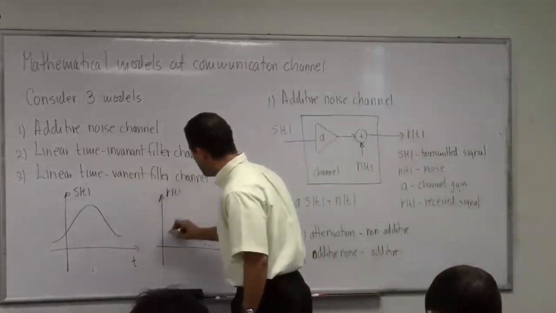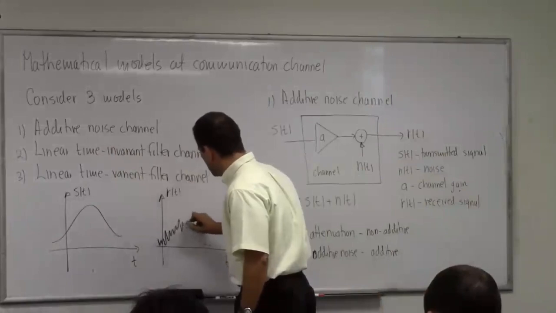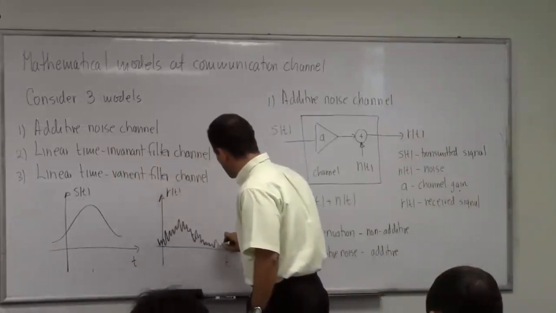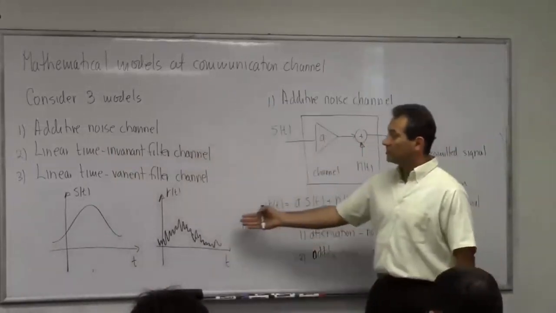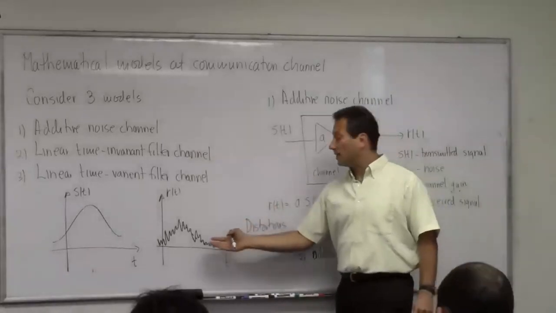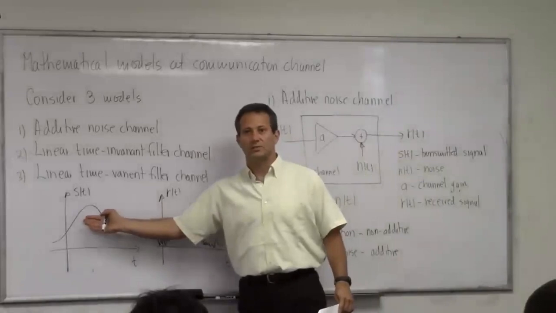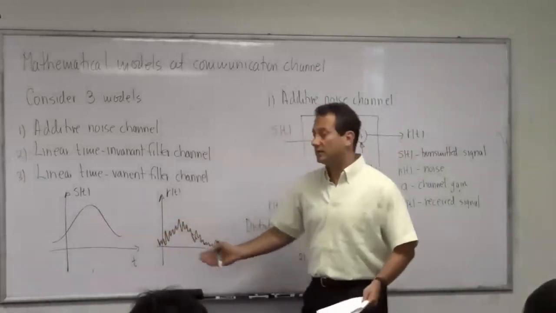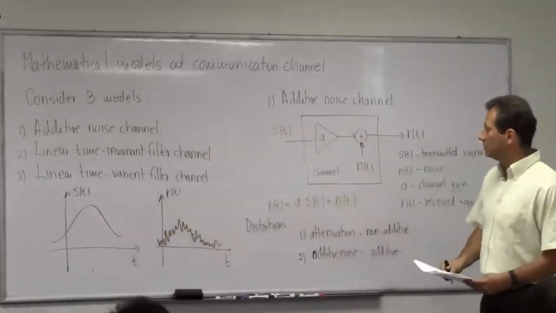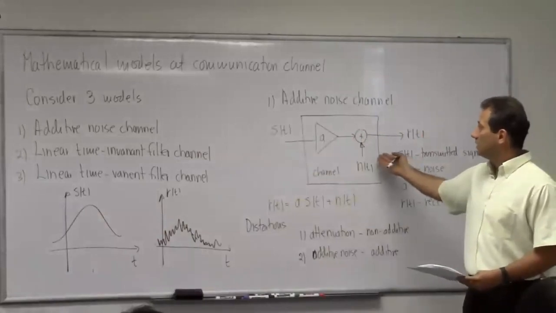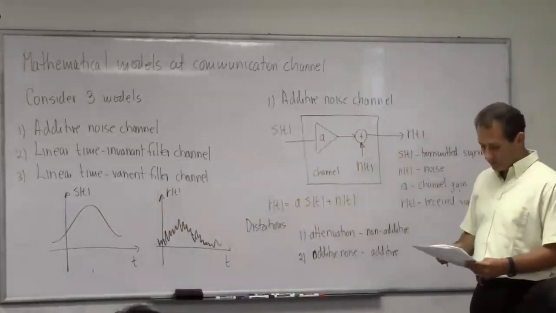And on top of it, you're going to have this noise that becomes part of the signal. Now this is presented to the receiver, and somehow the receiver needs to look at this and say, oh, it was this that has been sent. So the receiver needs to do a lot of processing to undo even what is done by the simplest possible channel.